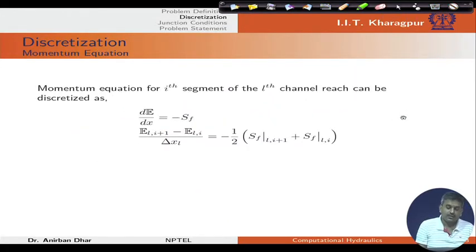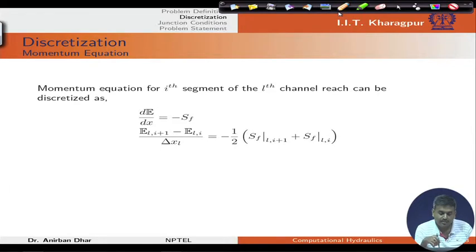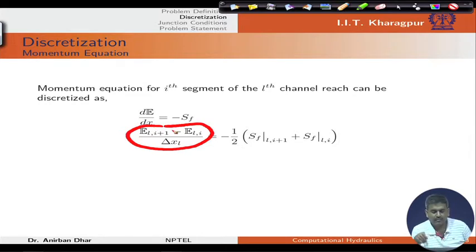Now, again we need the discretization of our momentum equation. To solve this momentum equation we can discretize it using a forward difference, L I plus 1 and L I, and we will take the average of the friction slope in this case.